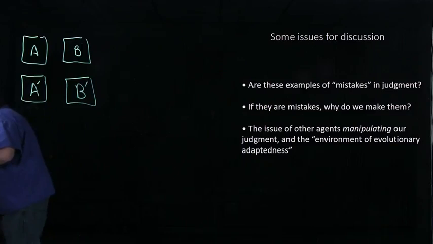So here's the new task. You're given 4 cards. Usually people say, imagine yourself as a bartender or something like that. On one side of the card is the drink that a person is having. On the other side of the card is the person's age.